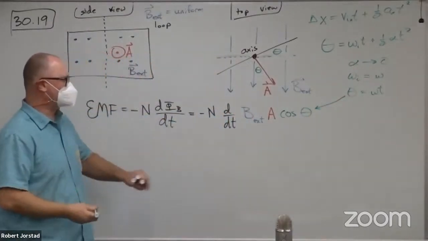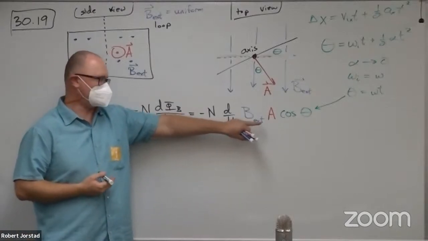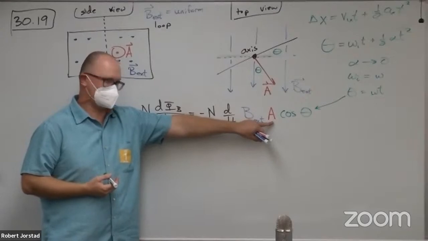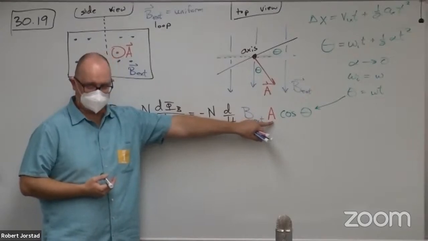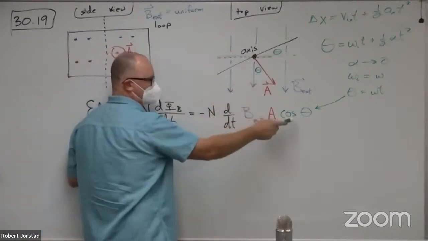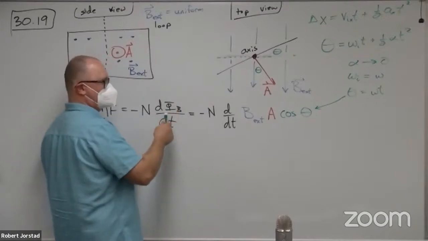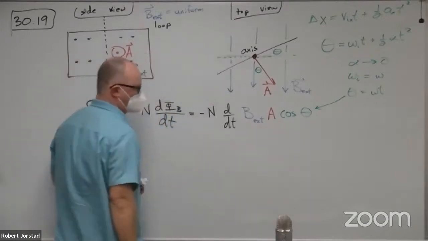Is the B field changing over time in this example? How about the area? Is the loop changing size? No. No, the direction is changing, but we're accounting for that with the dot product, right? Remember the flux came from B dot A, okay.